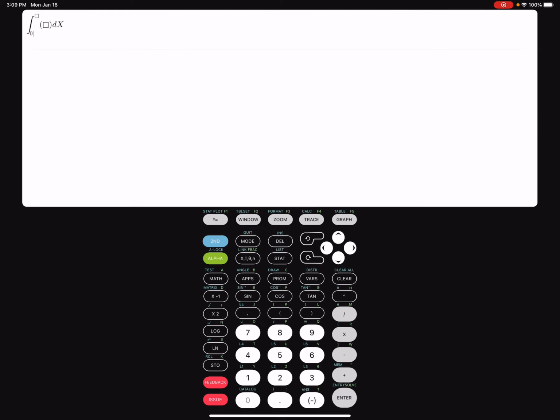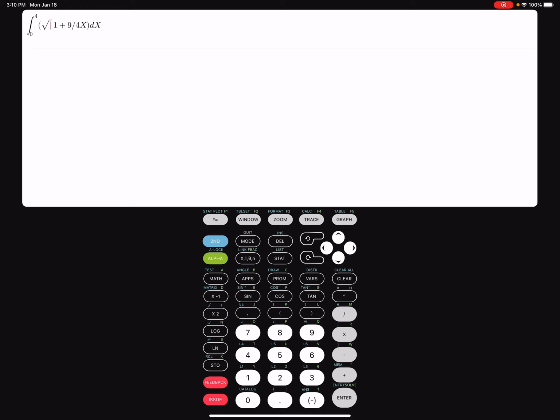I'm going to go from 0 to 4 of what? Well, it's going to be 1 plus 9 over 4 x, and all of this is in the square root, so I'm going to do square root here.